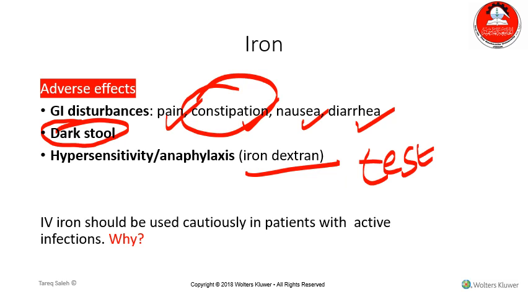Okay, you inject the patient with a very low dose and see if they develop an allergic reaction before you continue administering the full dose. Note also that iron should not be used or should be used with caution in patients with an active or an ongoing bacterial infection. Can you think why?